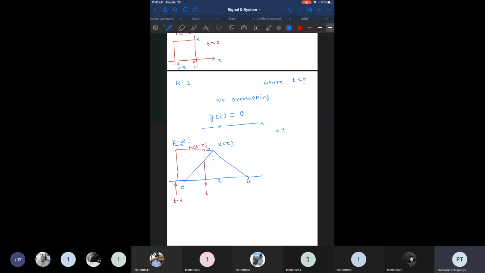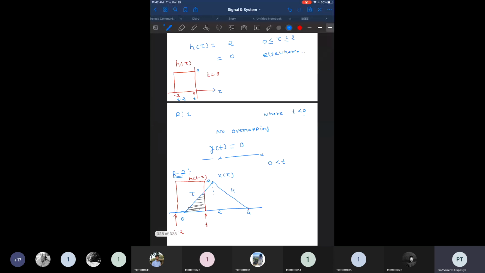This is the overlapping area, and in this overlapping area we are interested in what this function is over there. This function is tau over here, and this function is 4 minus tau, right? So this rectangular function is combined with the first half part of the x of tau signal, where the function which is inclined with h of t minus tau is tau, right?